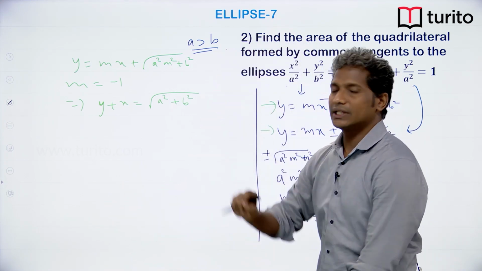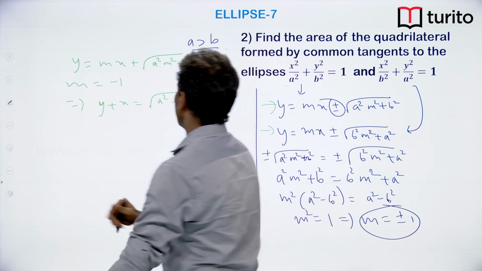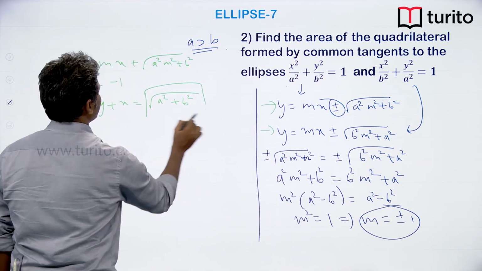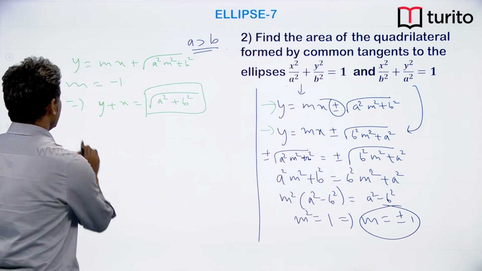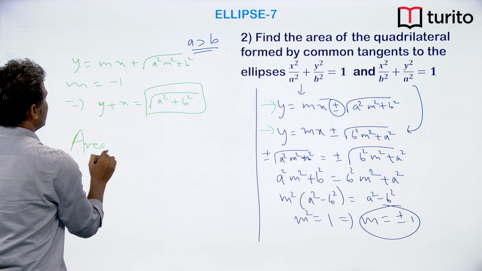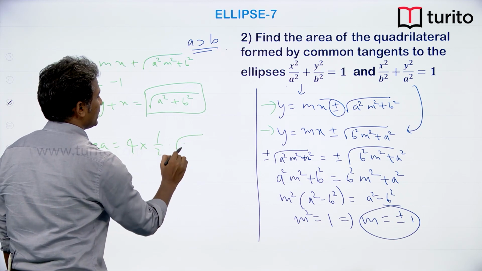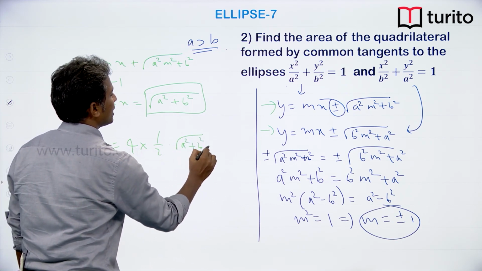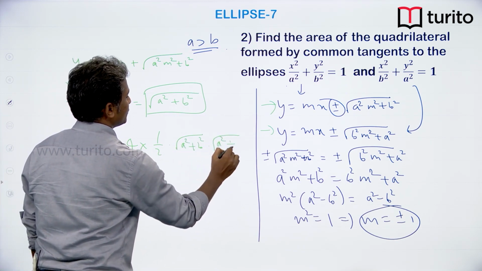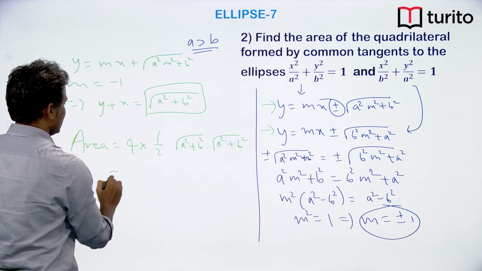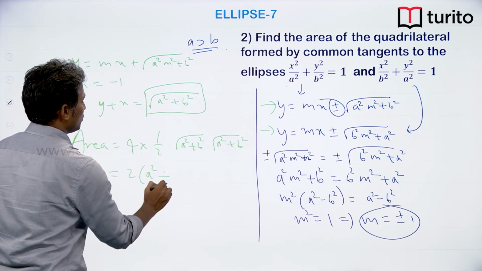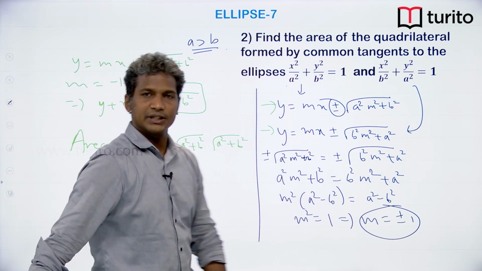So we just got the intercepts as square root of a square plus b square. So the area is going to be 4 into half into base into height. Now base and height are basically the same, so we just write them here, and hence we can write the area as 2 into a square plus b square.